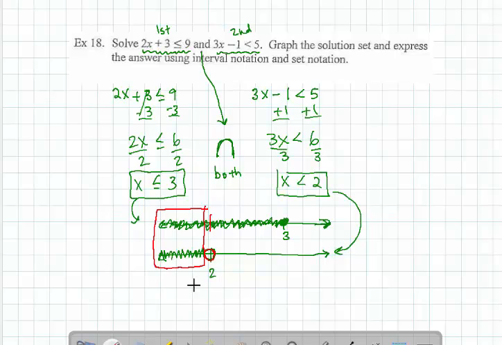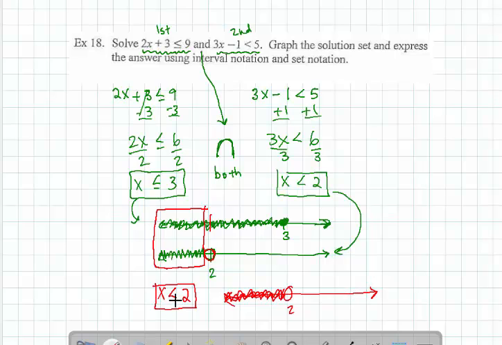So we only include numbers that are less than 2. So this is our interval. To graph it, it looks like this. 2, shade to the left. Real simple. Just put a 2 there with an open dot and then scribble to the left.